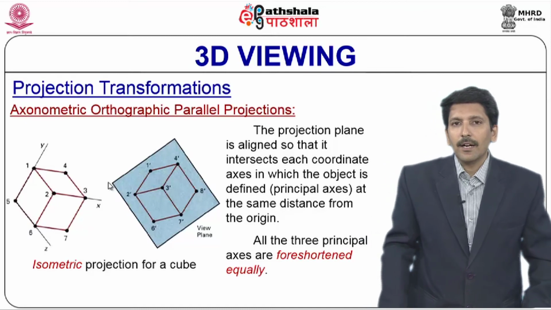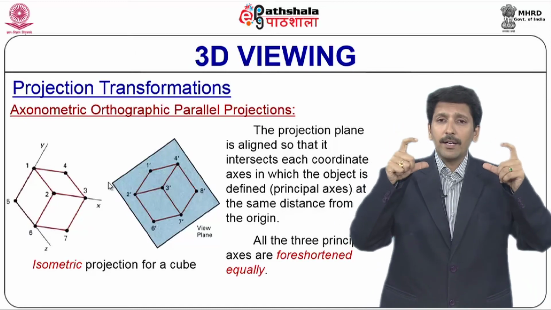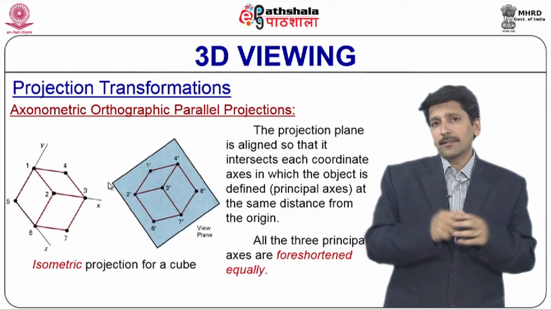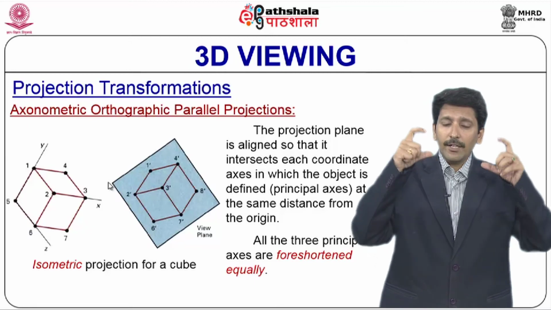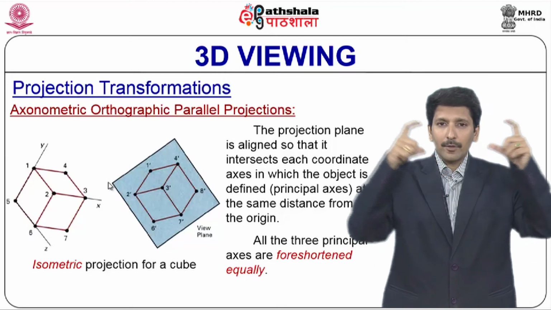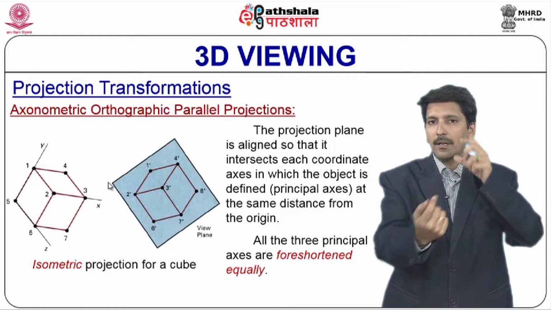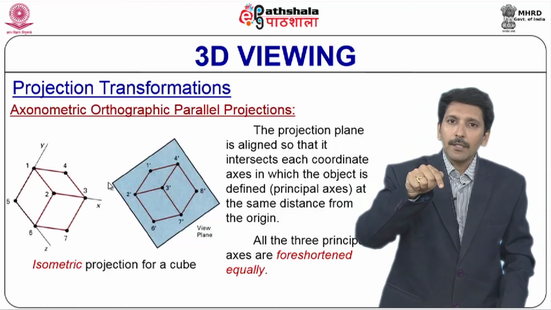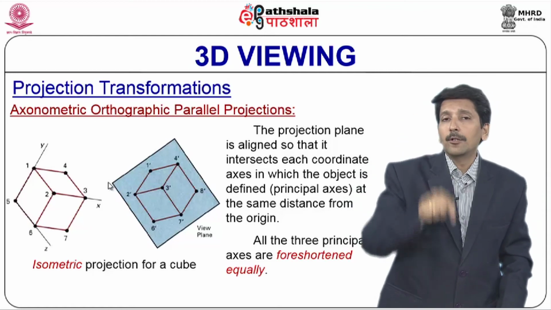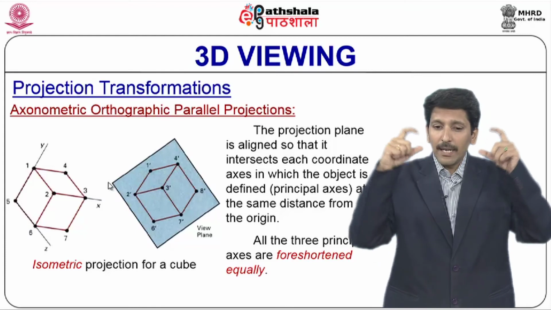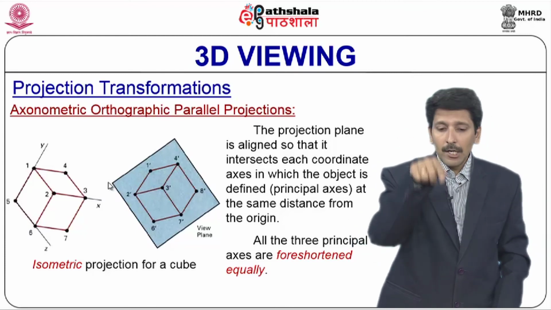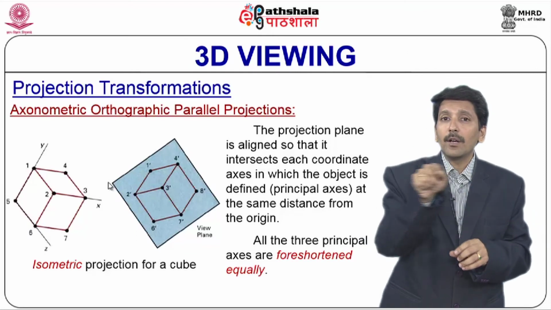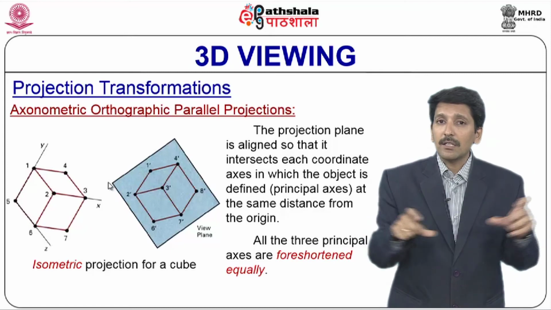So, if you consider a direction or orientation for the viewing position in such a way that the normal vector to the view plane, so imagine you are holding a camera and the normal vector is the perpendicular direction, is aligned with the diagonal of the cube, then you get to see more than one face, and all sides are equally distributed.